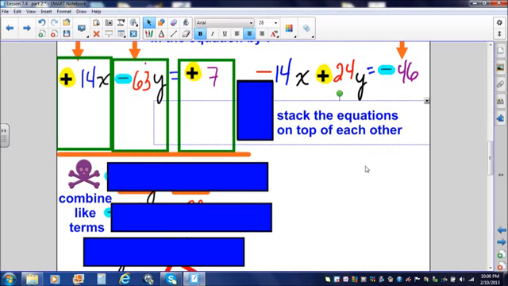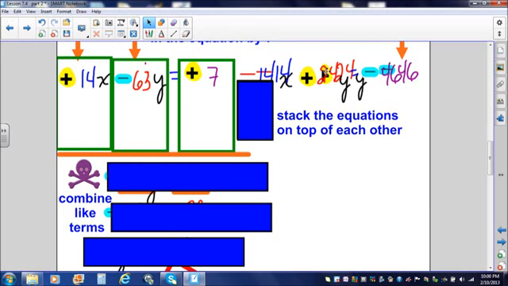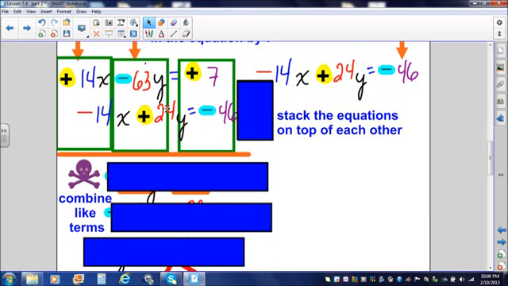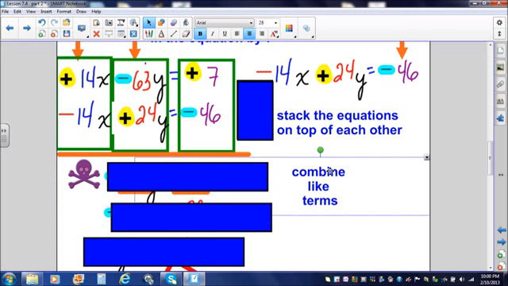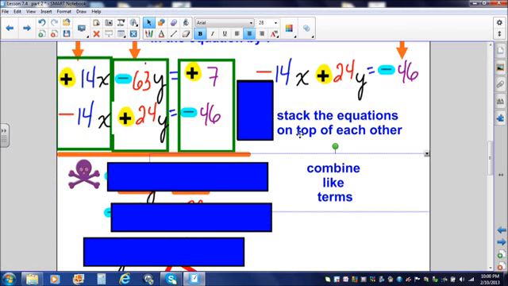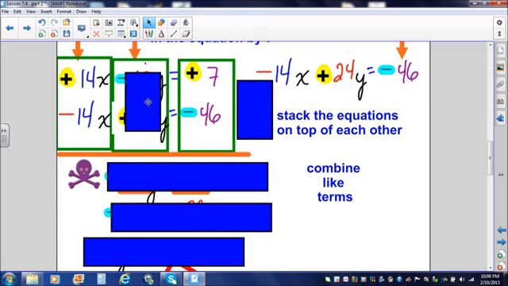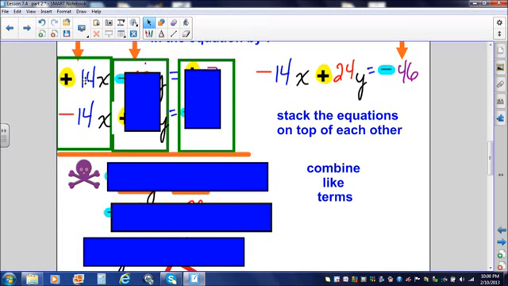Now I'm going to stack the equations on top of each other. What will we do next? Good question. We will combine like terms. A positive 14x and a negative 14x, they terminate.